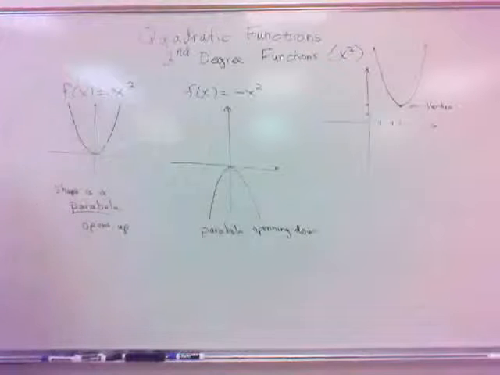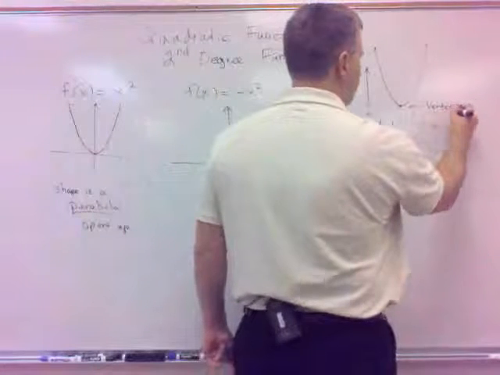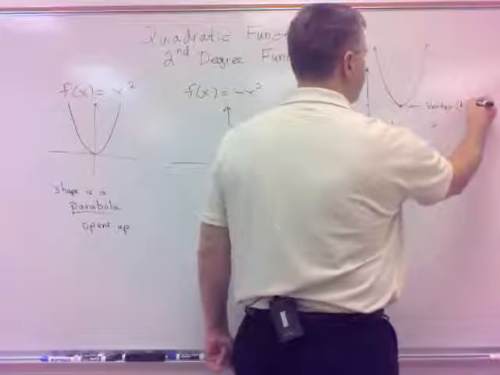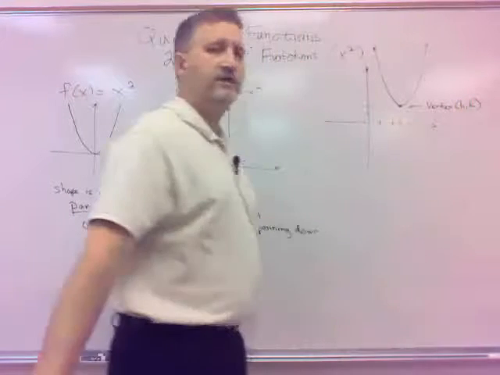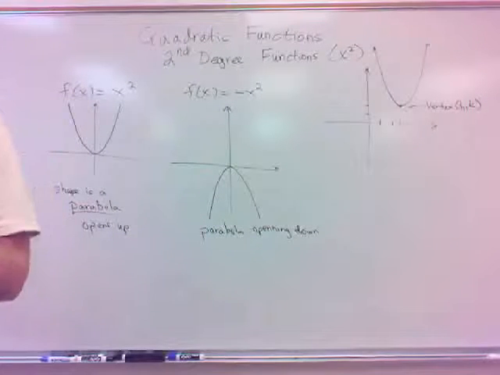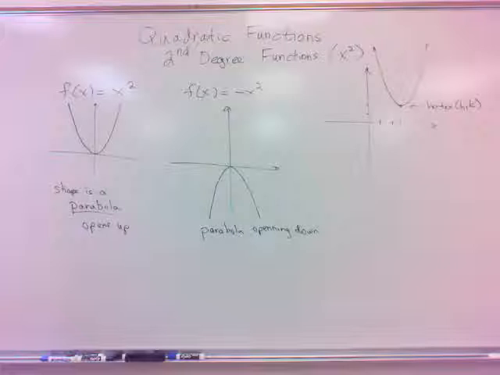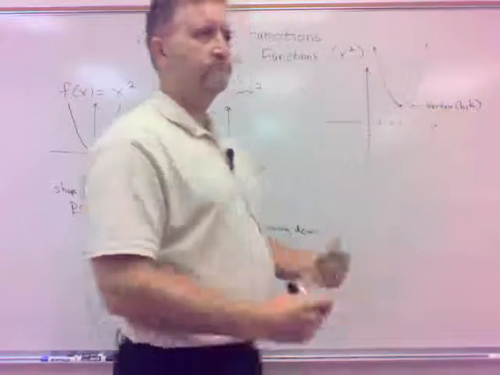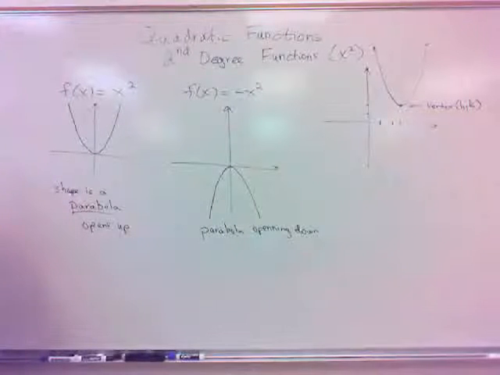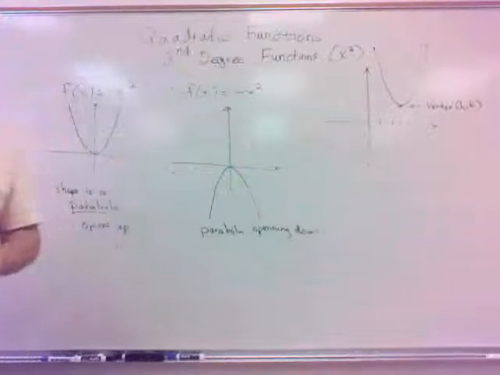But that turning point, that's referred to as the vertex. And in general, we label the vertex, since the vertex is a point, we give it an x and y coordinate, and usually the way they denote the vertex is h, k. H is the x coordinate of the vertex, and k the y coordinate of the vertex. So in this case, it looks like the h is going to be 3, the k is 2, but that's not really my point here.